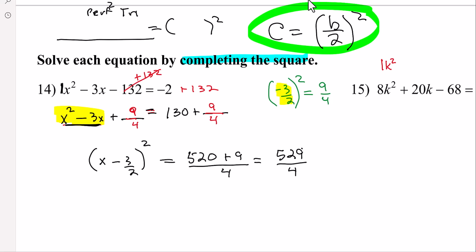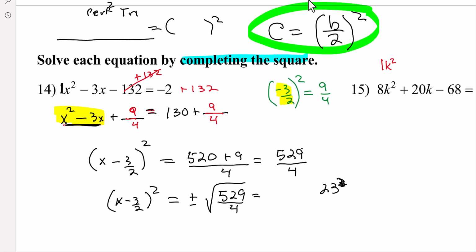So I would be taking the square root of each to check, because my guess is 529 might be 23 squared. And 4 is 2 squared. So when we take the square root of both sides, the square root of 529, whoops, I have to get the calculator.